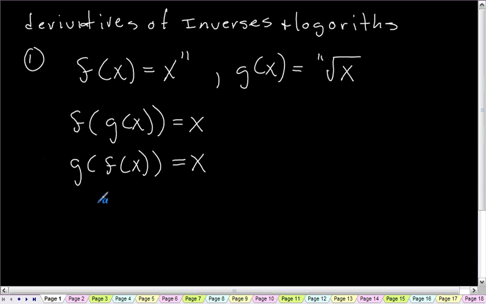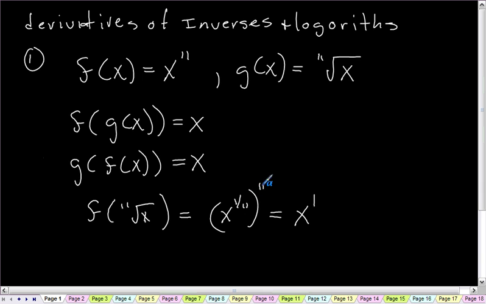Very simply, if I plug g of x, which is the 11th root, into f of x, that's the 11th root of x raised to the 11th power. That comes out to x to the 1, because you just multiply the exponents.